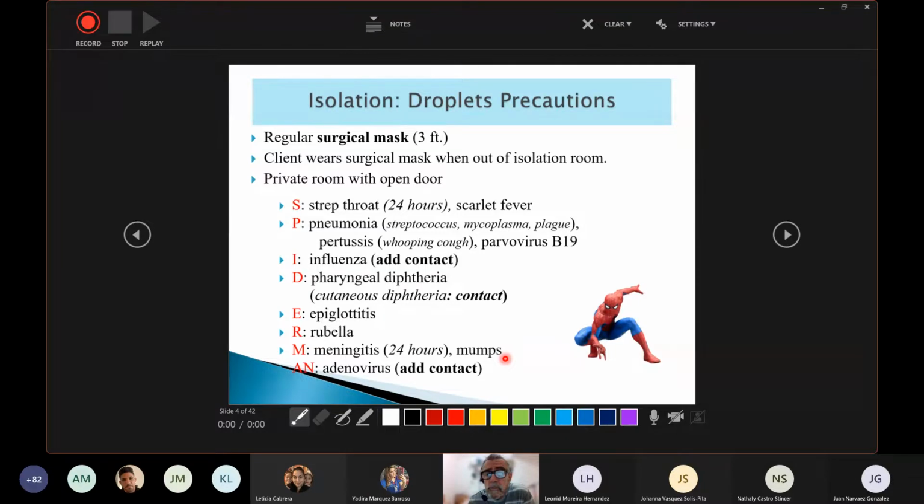Yes. I have a question and a doubt. For example, this patient is on droplet precautions, but the nurse needs to take the vital signs and will be closer than 3 feet from the patient. You only use a surgical mask.